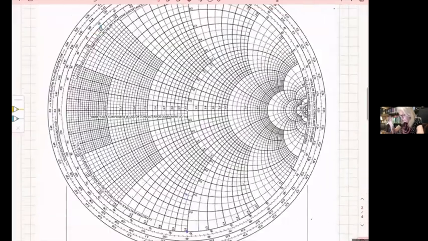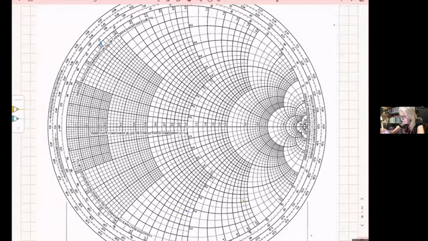The same numbers, however, you need to remember that the Smith chart is agnostic to whether you have impedances or admittances. What makes the load an impedance or admittance is how I treat it, as you will see. But for now, I will just read the numbers as if it were an impedance.